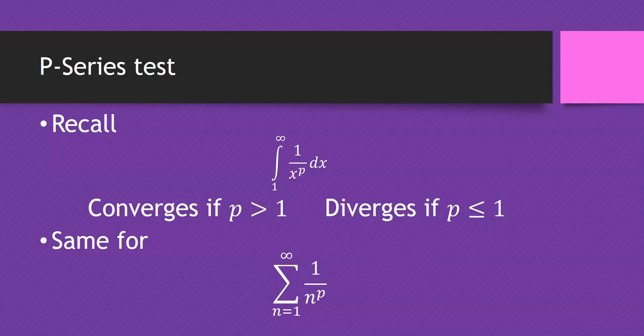And so the same has to be true for this infinite series 1 over n to the p. Whenever p is bigger than 1, it's going to converge. Whenever p is less than 1, it is going to diverge. All right?